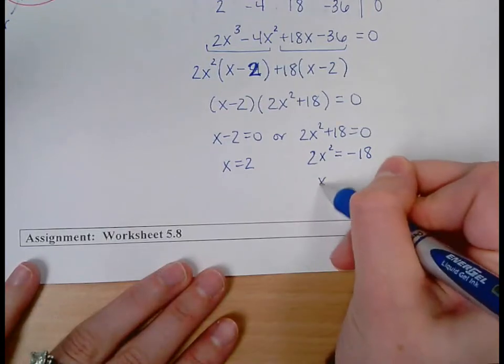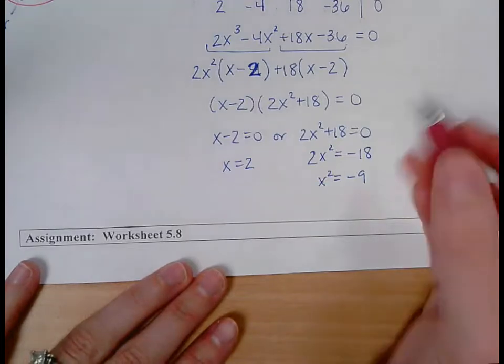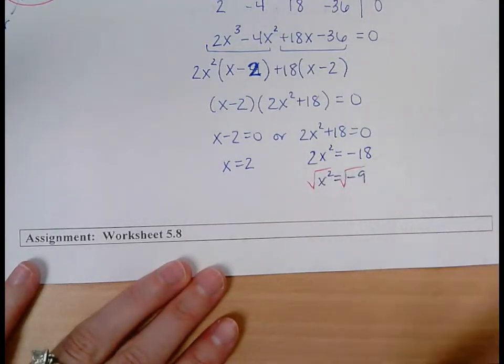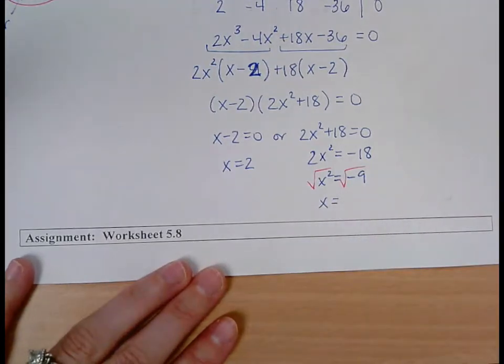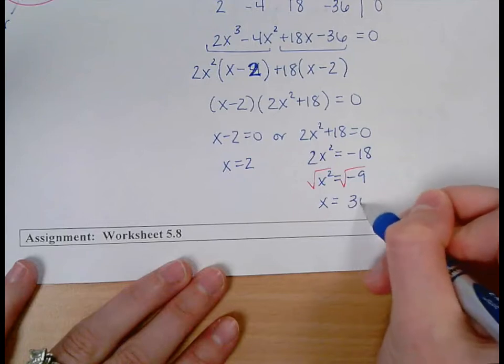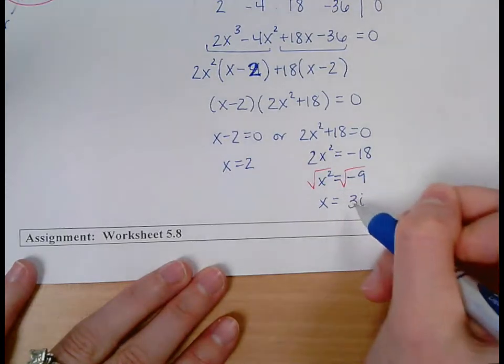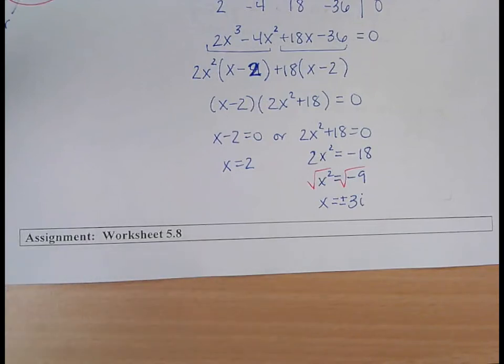Divide both sides by 2. X squared equals negative 9. And then take the square root of each side. And x would equal what? Yep, plus or minus 3i. So positive 3i or negative 3i.